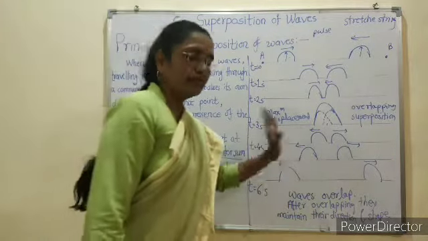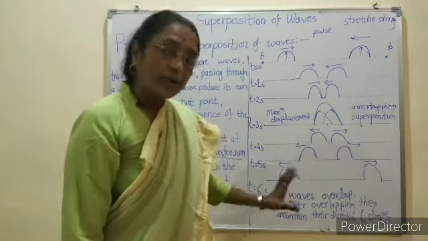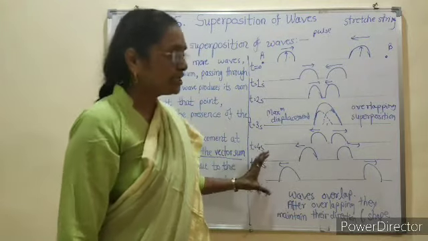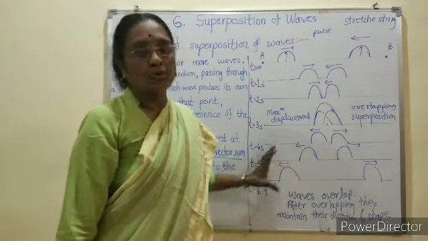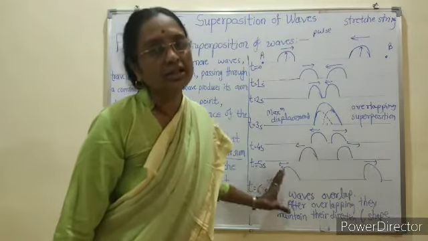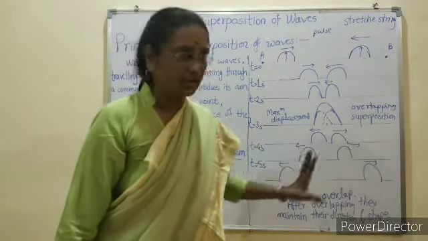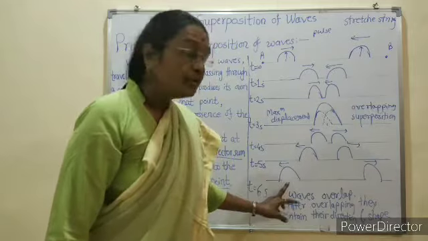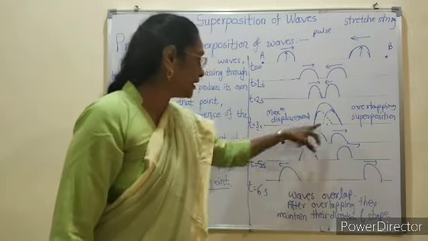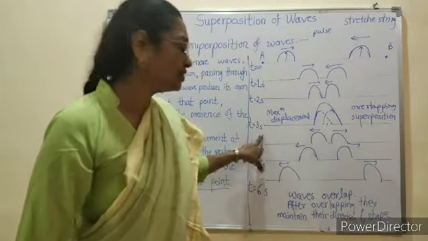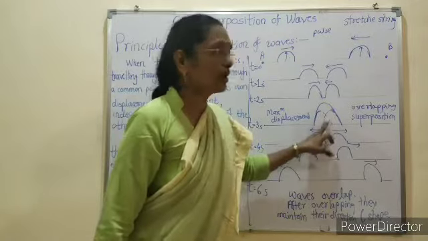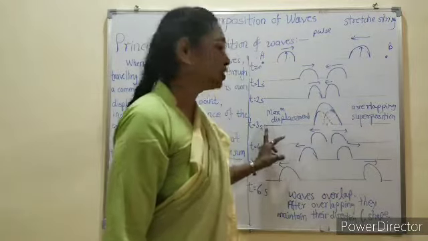In the last diagram, we have observed that pulses travel in their own direction. But in the middle diagram, at the instant of 3 seconds, there is overlapping, there is superposition.